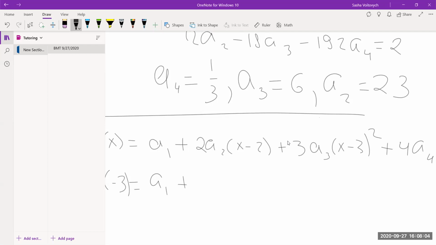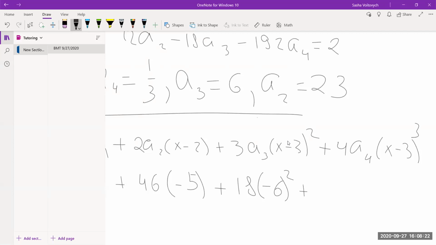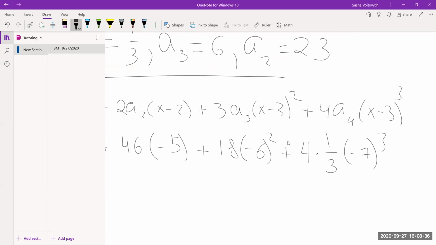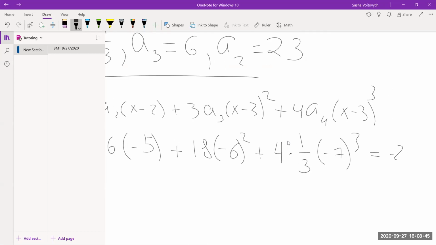So plus 2a2, which is 46, times minus 5, plus 18 times minus 6 squared, plus 4 times 1/3 times minus 7 cubed. And this is supposed to be equal to minus 24.